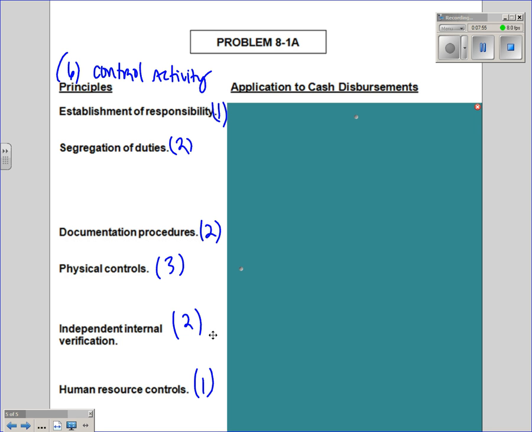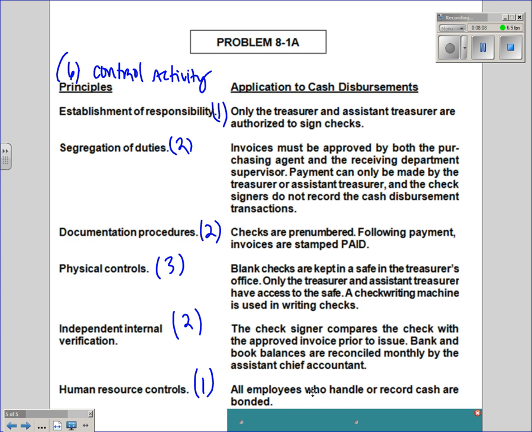And you're going to know, all right, there's 1 HR control that I have to find in that paragraph. There's 3 physical controls. No, like if you had just recorded down here, bonded employees, I'd be fine with that. Or, you know, blank checks kept in the safe, check writing machine.